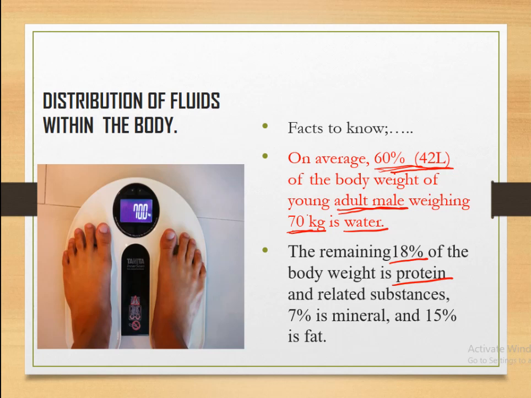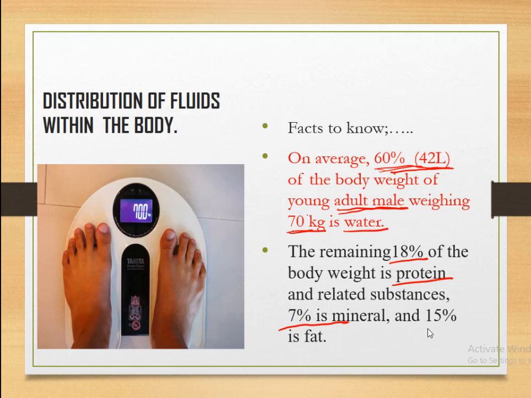So 18% of the remaining body weight is made up of proteins, and then 17% is made up of minerals. When we talk of minerals, we are simply talking about things like sodium, calcium, chlorine, potassium, and so many minerals which are found in the human body.